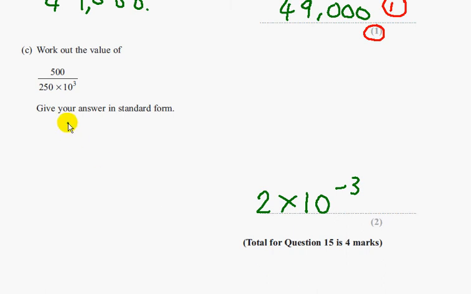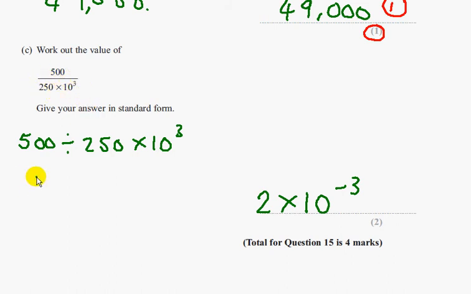Now you have to be very careful when you type this into your calculator. If you just type 500 divided by 250 times 10 to the power of 3, your calculator would do 500 divided by 250, then times it by 10 to the power of 3. You want 500 divided by this number here on the bottom.